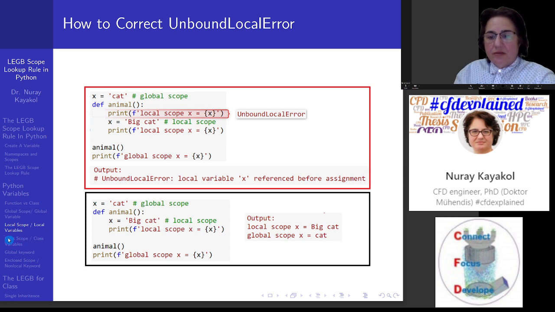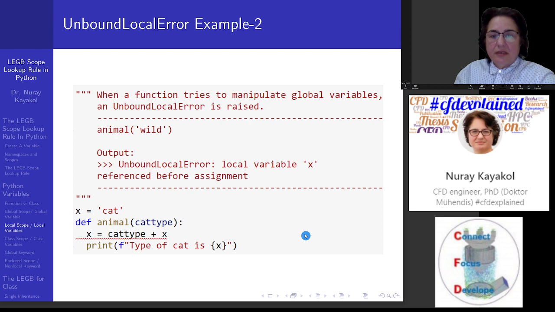Let's continue with another example. Again, unbound local error. Let's see. Here x is equal to cat, again as a global variable.